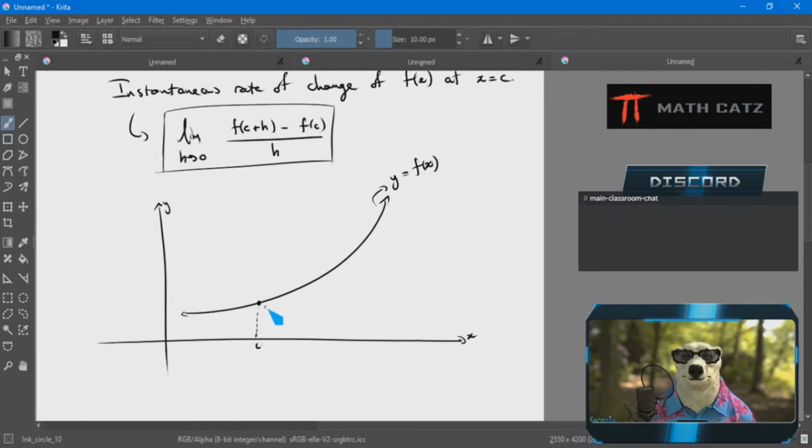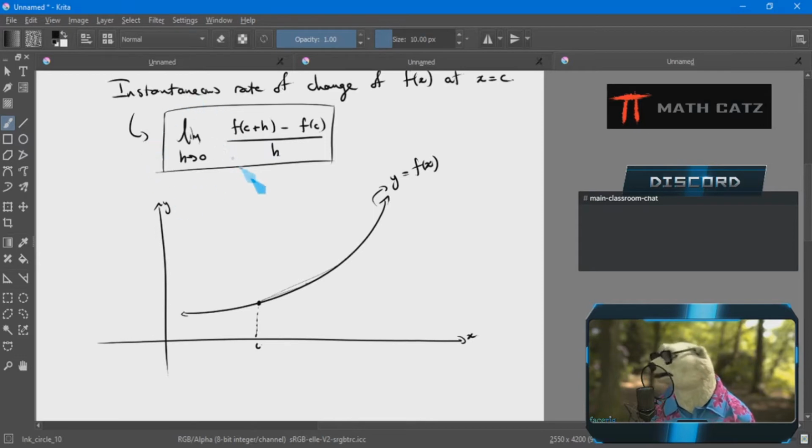We're interested in what happens exactly at x equal to c, not in a window averaging out all the information over that window. We want to let the window size h shrink down to 0 essentially, but we can't actually have a secant line with no change in the x value, because then we're dividing by 0. So that's not going to work.